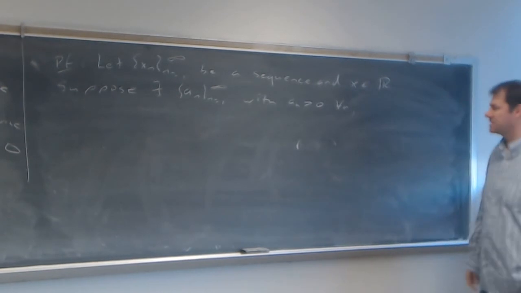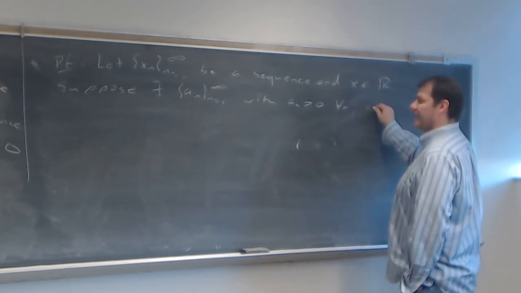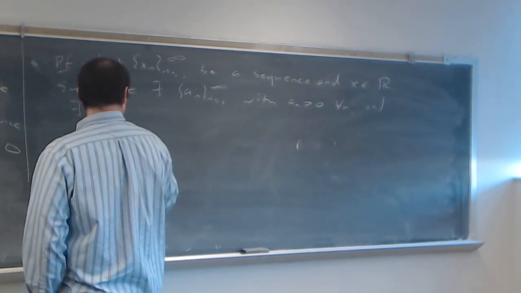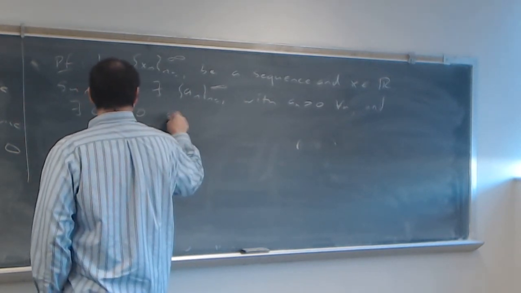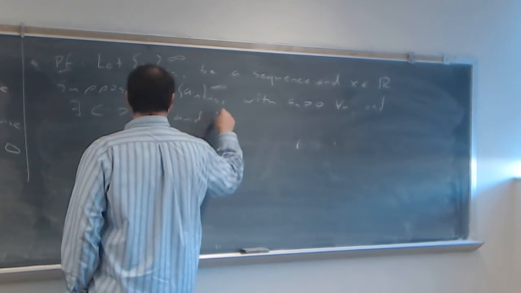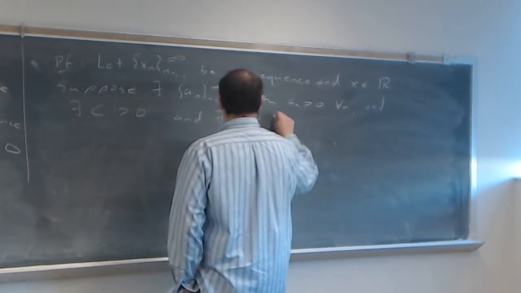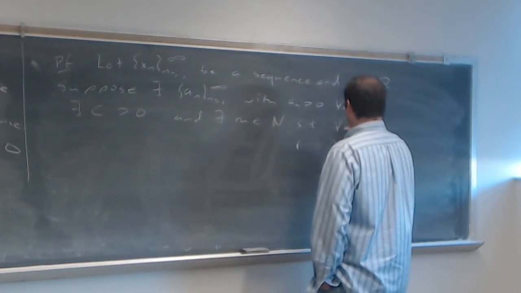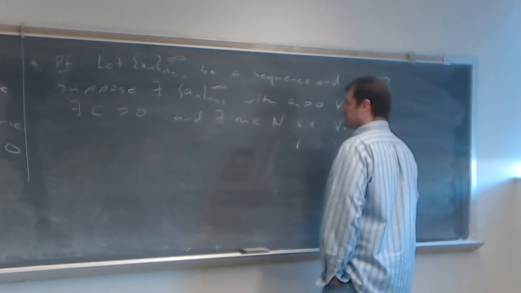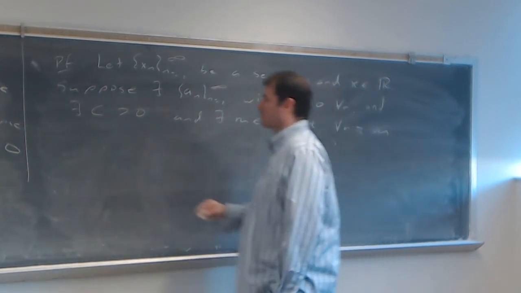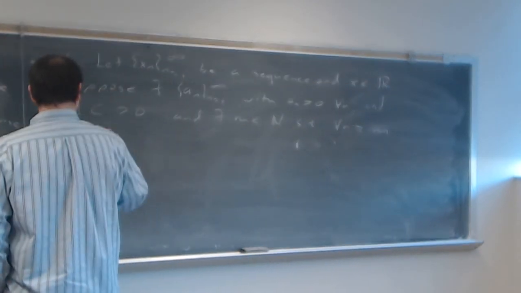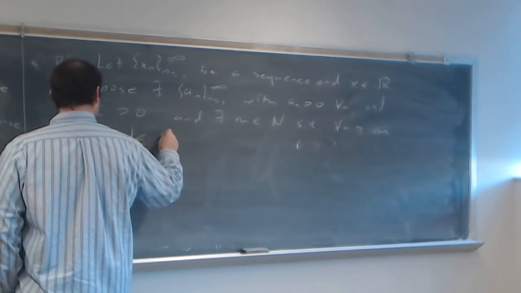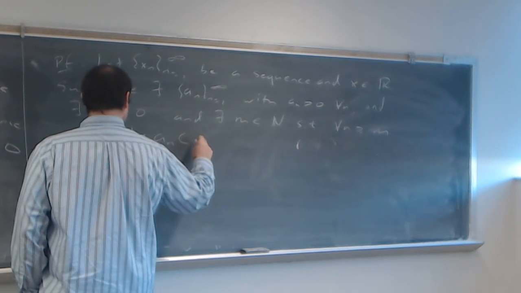So there's a positive sequence, and there exists a c that's positive, and there exists an m element of natural numbers such that for all n bigger than or equal to m, we have the following: |x sub n minus x| is less than or equal to a sub n times c.